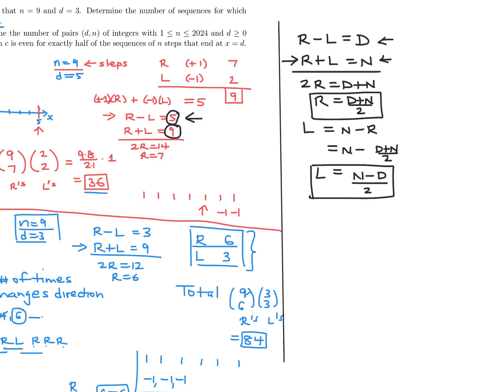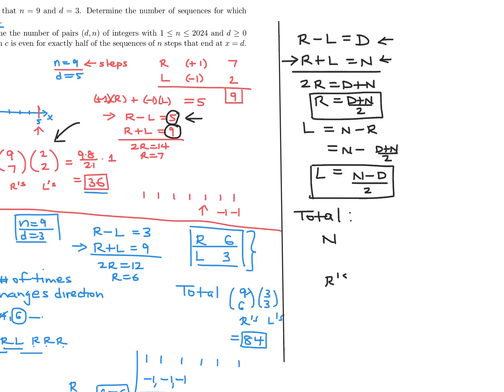Now the total sequences, well, we did that way over here, remember? So we take the total, which in this case is the total sequences. Let me write that down. Well, how did we calculate it before? The total sequences calculated before was basically we took the total, which was n, and from that you choose a certain number to be the r's.